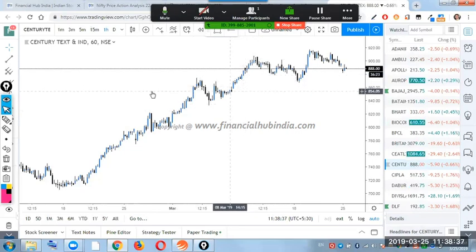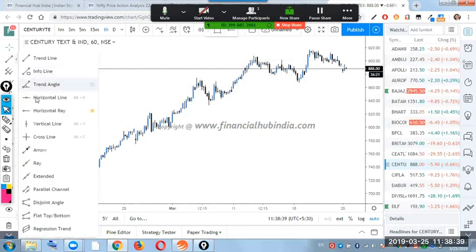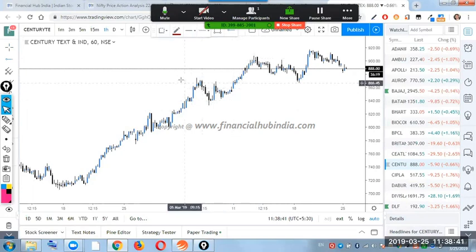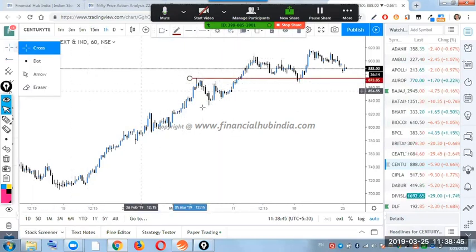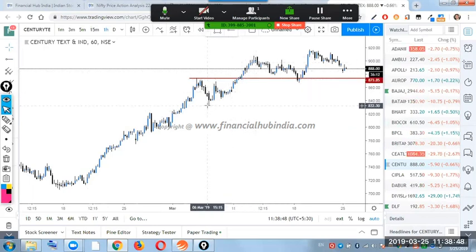What I mean by that is, like here, when the market pulled back up, this is a breakout, and it came back down here with a pullback.